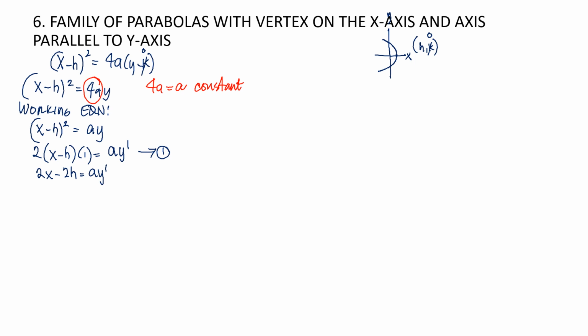So 2x is 2, and then x is 1. 2h, h is constant, 2 is constant, therefore this will be 0 is equals to a, and y prime, derivative of y prime is y double prime. Therefore, our 2 is equals to a y double prime, or a is equals to 2 over y double prime. So we can use this equation.